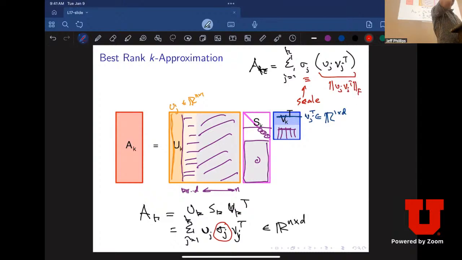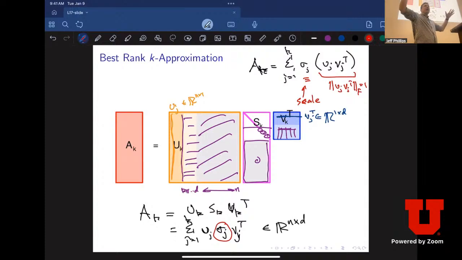What is it going to equal? 1. It's always going to equal 1. It's got no scale information in it. It's got the directional information encoded in v_j and u_j, but no scale information. All the scale information is in sigma_j.